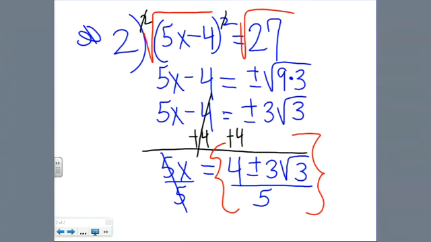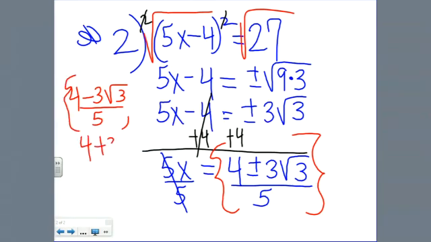But if you were to split this into two separate answers, you would have, in no particular order, 4 minus 3 on the square root of 3 over 5, and also 4 plus 3 on the square root of 3 over 5. And our highest exponent was 2, and that tells us we should have 2 answers, which we got. Any questions about the square root property?